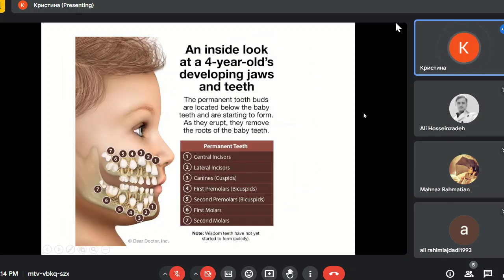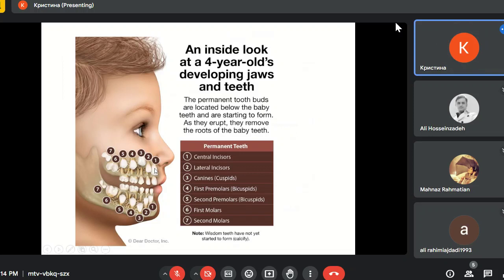So if we look at the baby at 4, 5, 6 years old, he or she will have the milk teeth, which are seen in the mouth, in the oral cavity, and developed, not fully but developed, permanent teeth. They are now hidden inside the jaws, in the lower and upper jaw.